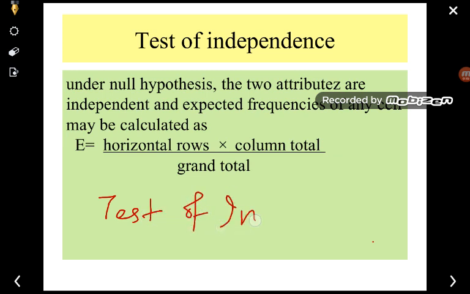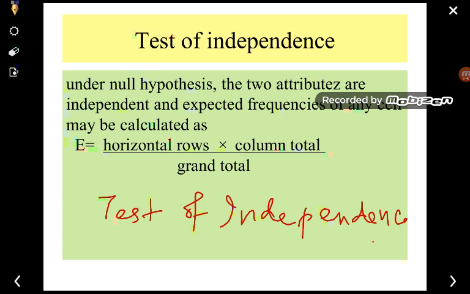Independence means one attribute does not depend on another attribute, and it can be tested by means of the null hypothesis. The chi-square test is used on the basis of cell frequencies, and whether the two outcomes are independent or not we come to know in this test of independence.